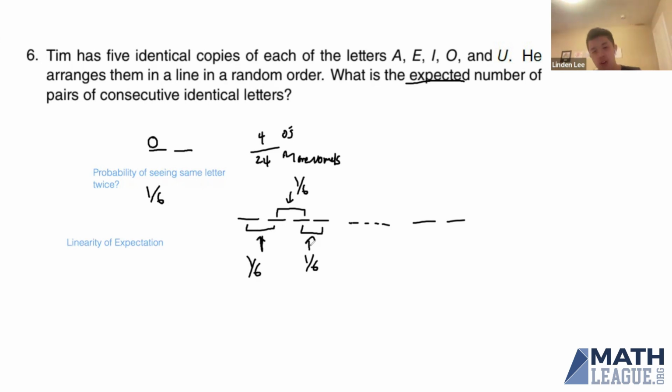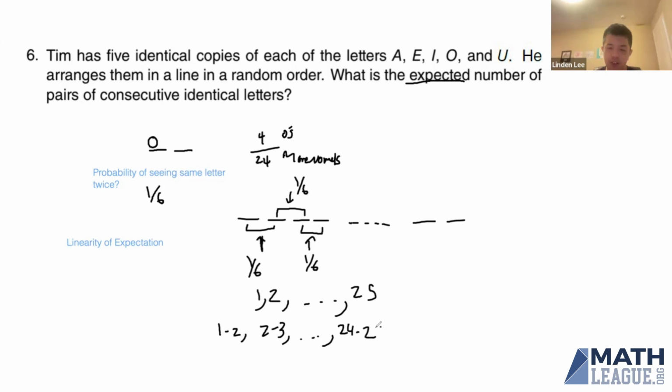How many of these pairs are there? Well, there are 25 letters, so if you count, there are 24 possible consecutive slots. For example, if you were to number them 1 through 25, you'd see 1 and 2 are next to each other, 2 and 3 are next to each other, all the way up to 24 and 25.